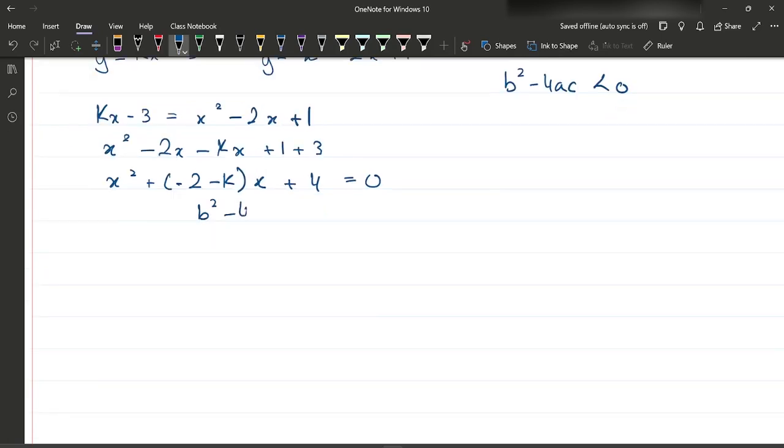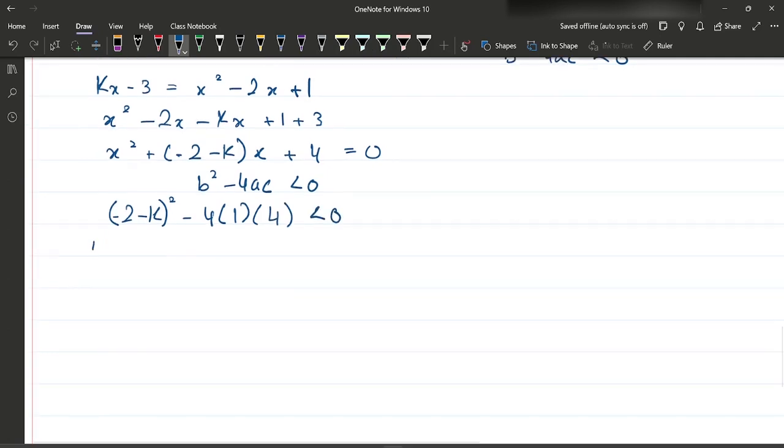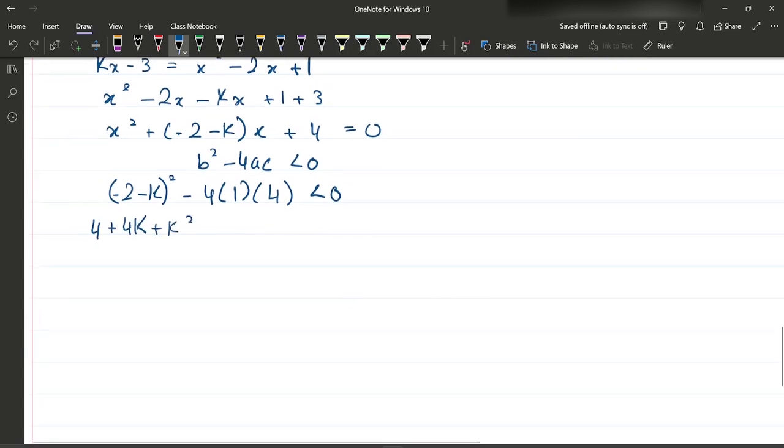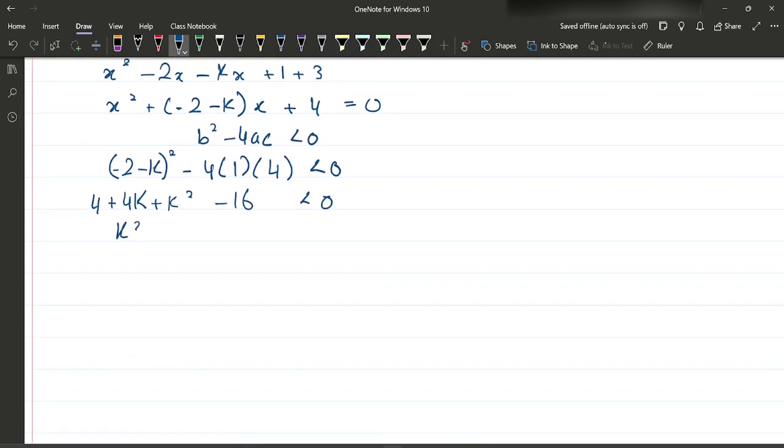Write your discriminant, b squared minus 4ac, and then minus 2 minus k squared minus 4 times 1 times 4 less than 0. This will give us 4 plus 4k plus k squared. This should give us minus 16 less than 0. So k squared plus 4k minus 12 less than 0.